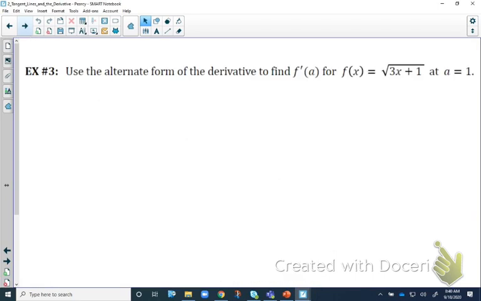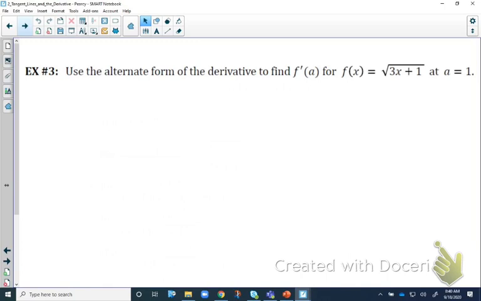So let's take a look at this example here, where we're saying use the alternate form of the derivative to find f prime of a for function f, which is the square root of 3x plus 1 at a is equal to 1. So here, let me go ahead and pick another color for things that I'm going to work out here.